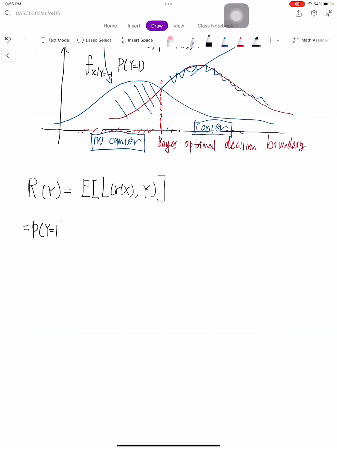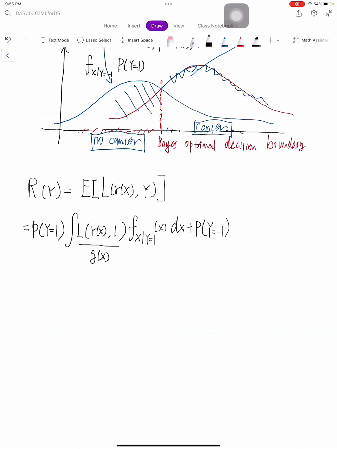It's the probability y equals 1 multiplied by the integration of L(x,1), this is our expected value of the function g(x), weighted by the conditional density of the cancer group, the calorie density.